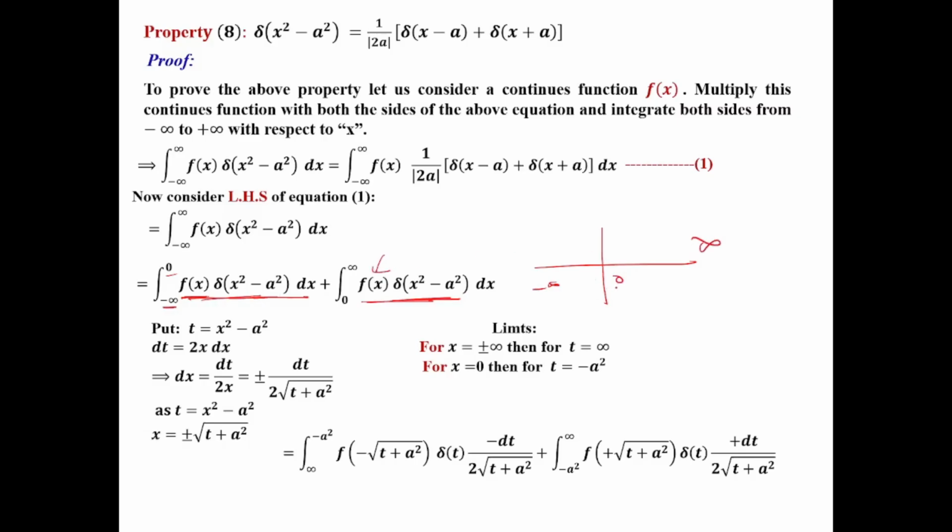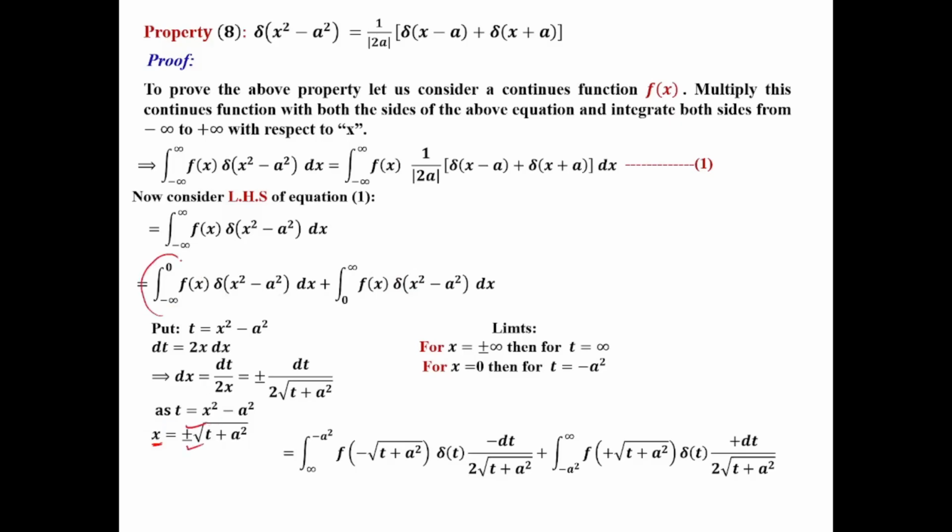Obviously for this range, this x will be the negative x and this x will be the positive x. Got it? So only for that, we have two x values, one negative and another positive.